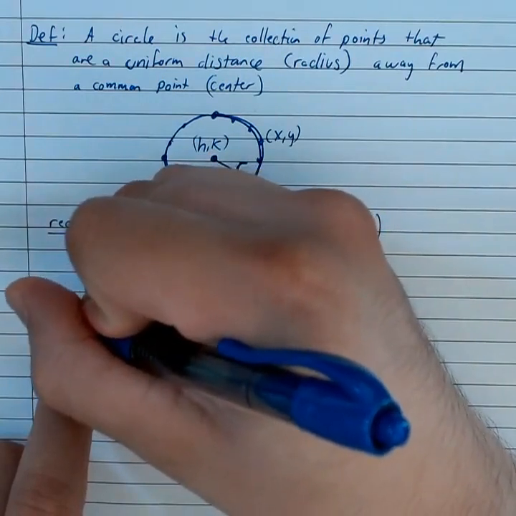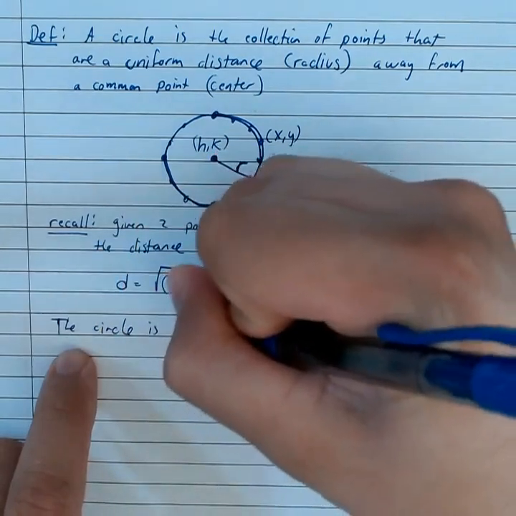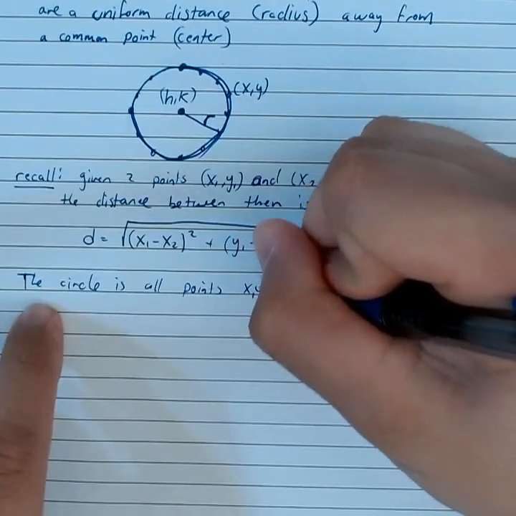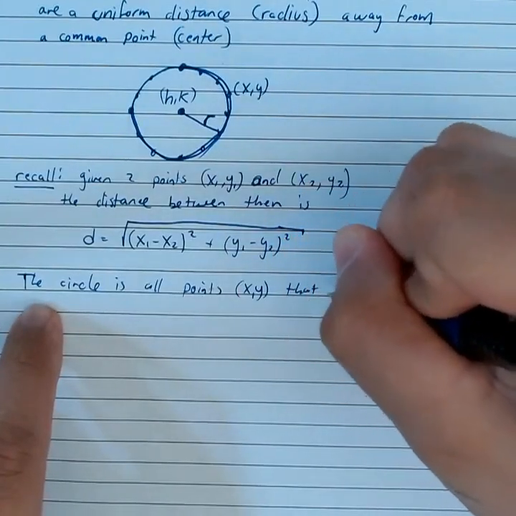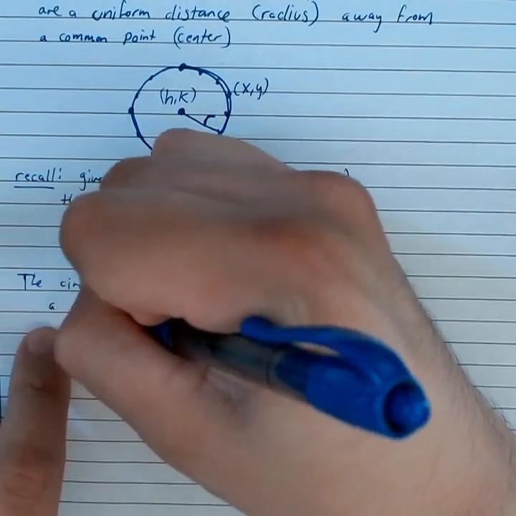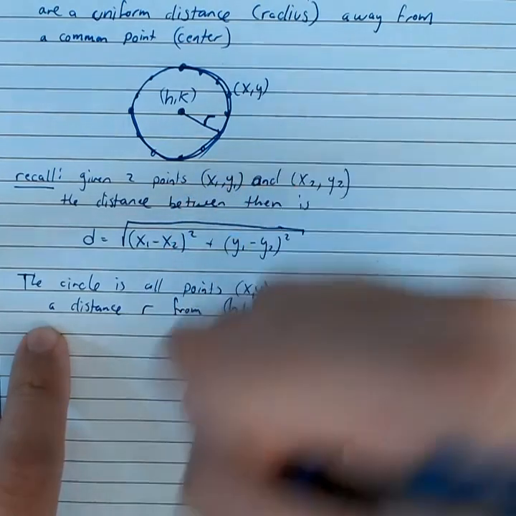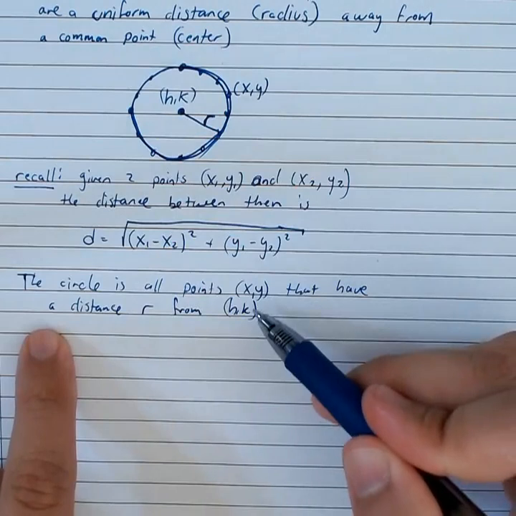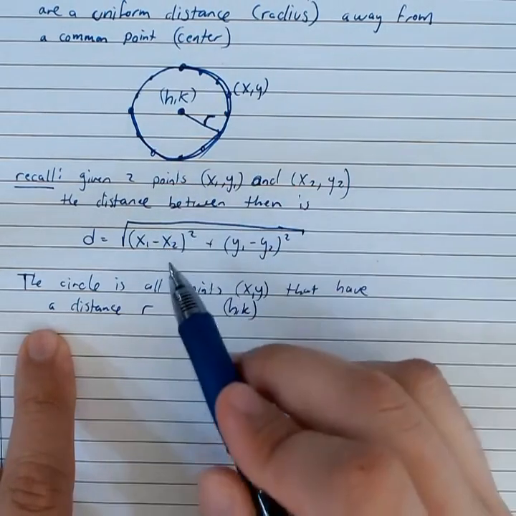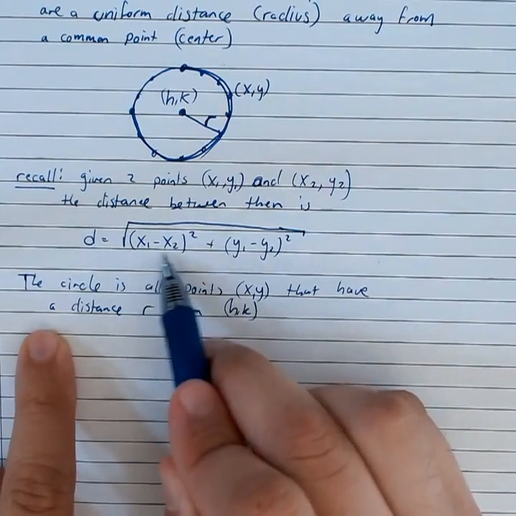Well, then the circle is all points X, Y that have a distance R from H, K. Here I have 2 points: my center, and some arbitrary point on the outer edge of the circle. If I subtract these two, that can go there.